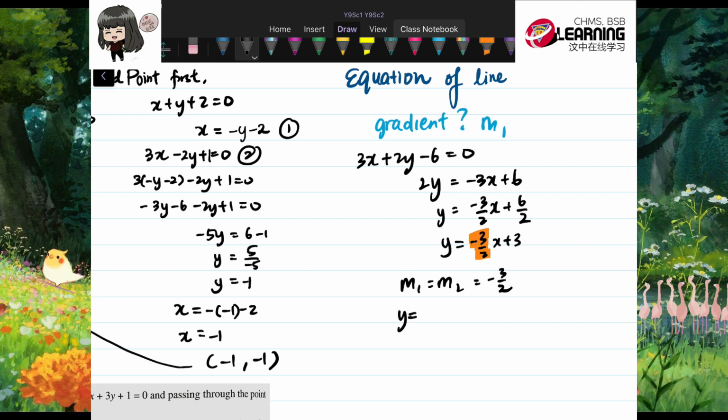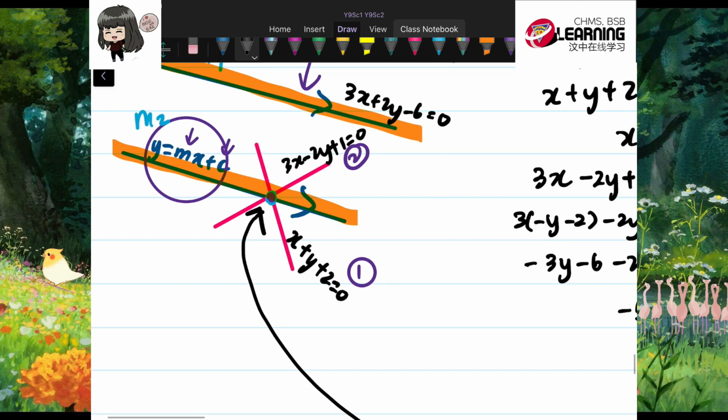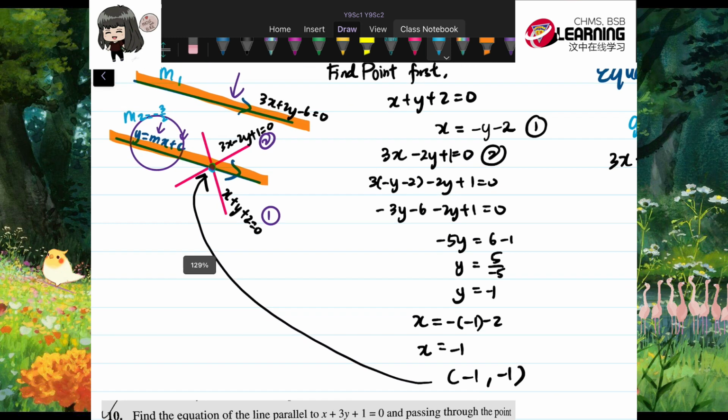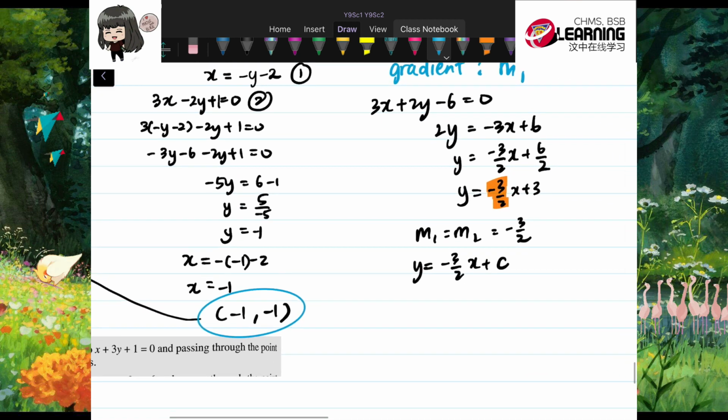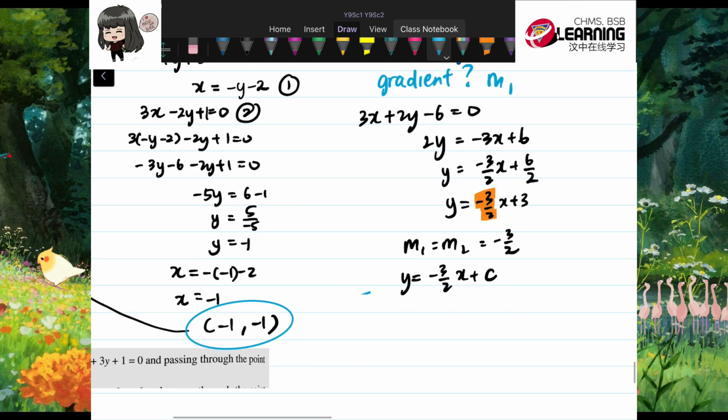So from here, y equals to negative 3 over 2 x plus c. We already found our gradient, which is negative 3 over 2. Now we want to find c by subbing in the point, this negative 1, into the equation.